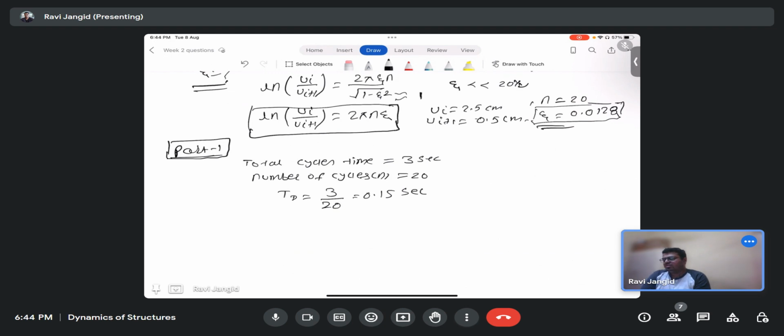Now if my TD is this and zeta is 1.28%, what would be my natural time period, TN? Anyone knows the formula? Any relation?